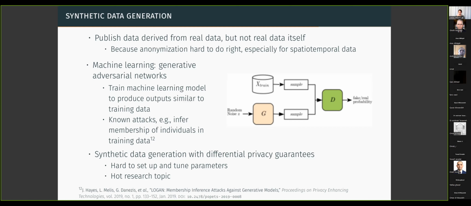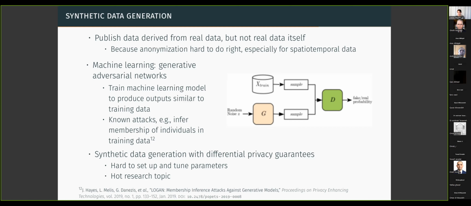So the idea there is maybe you don't need to publish real data for the data to be useful. But maybe it's sufficient to publish synthetic data. And a commonly used technique there at the moment is to use machine learning models to generate data that looks similar to training data.